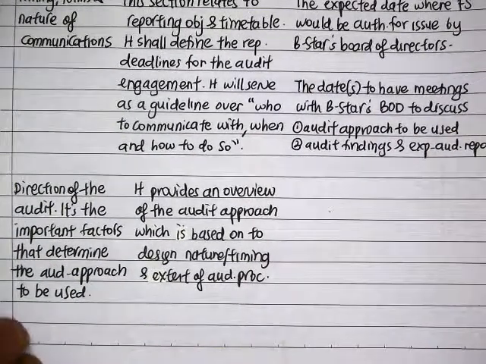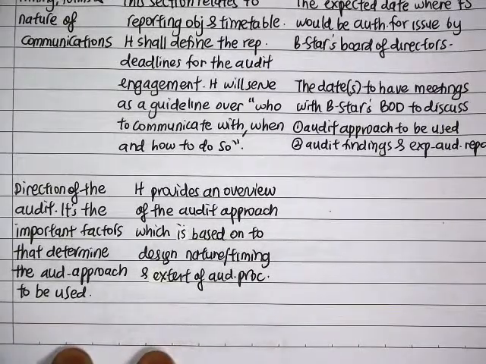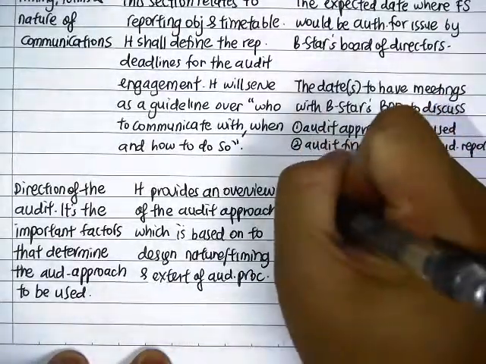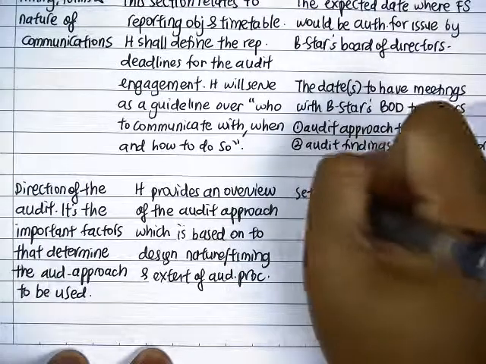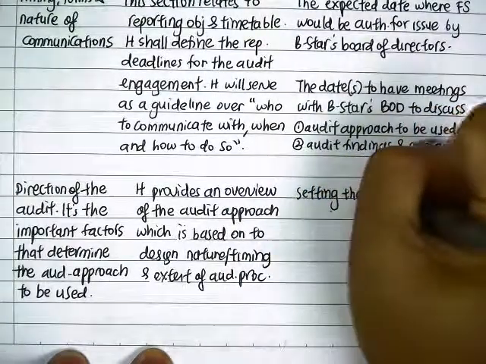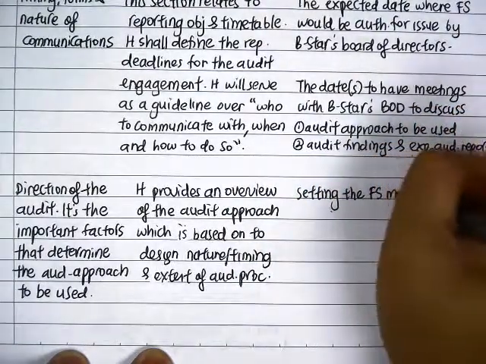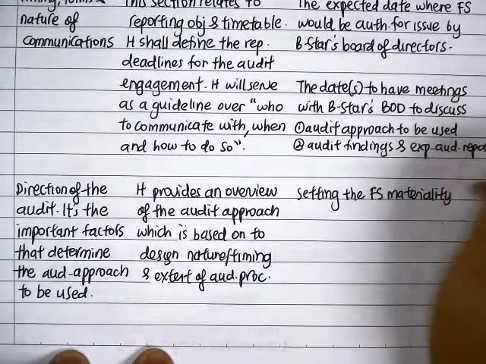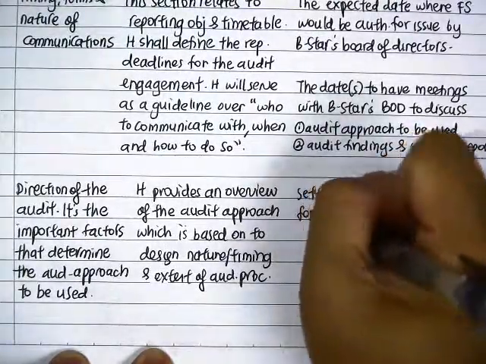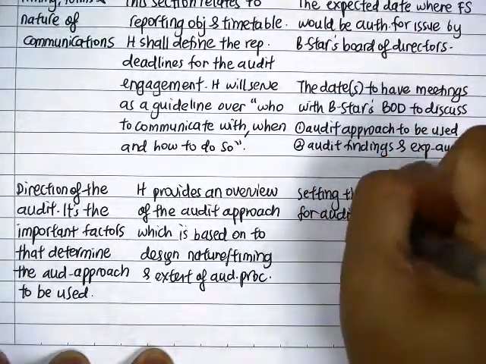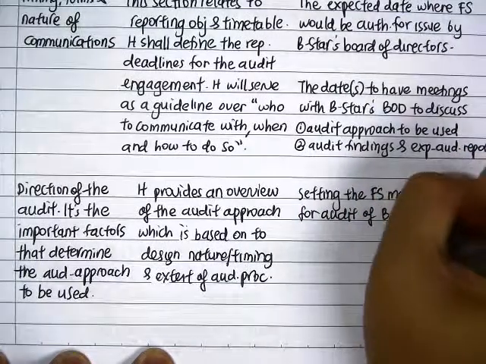Now, so just to give an example of two things that we have here. For example, here, setting the financial statement materiality for the audit of B Star.